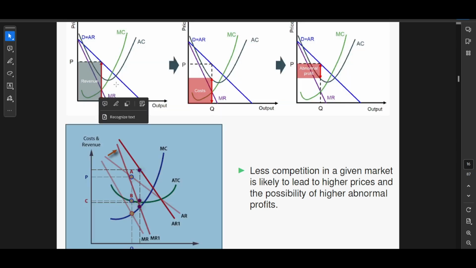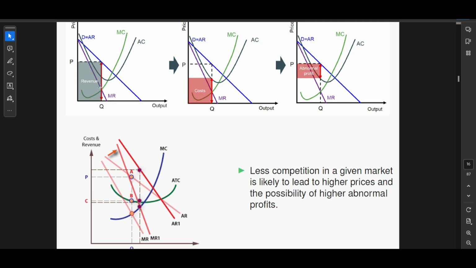If we find that point on this graph, it's this point here, right? This is the point that they're going to produce. Then you just go straight up, and wherever this line meets the average revenue, that is going to be the price that you're going to sell at.